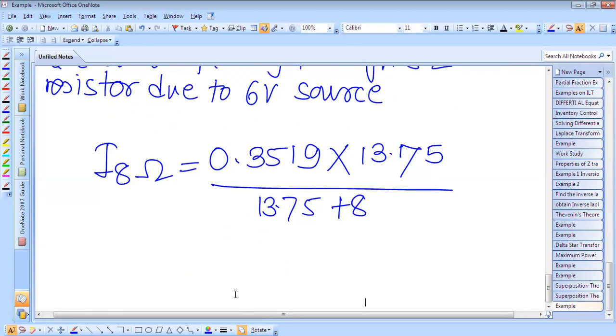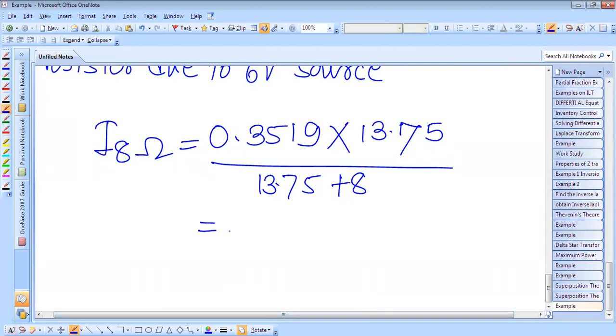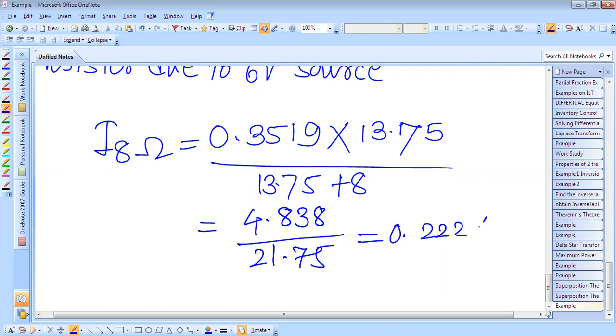This one we have to find. So this is the current flowing through the 8 ohm resistor due to the 6 volt voltage source.